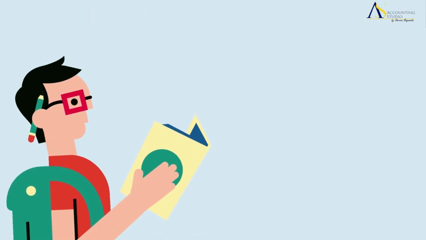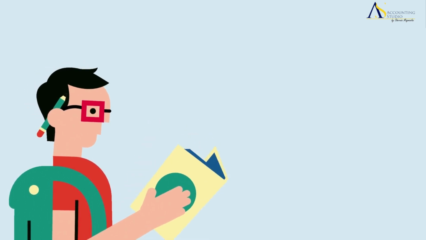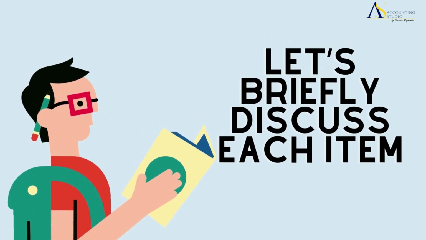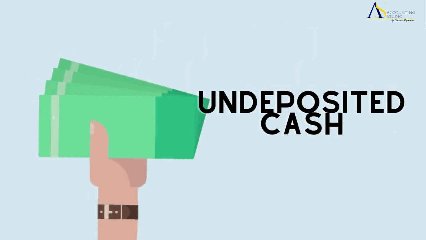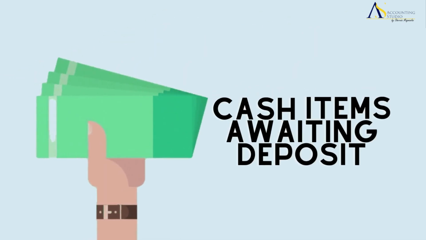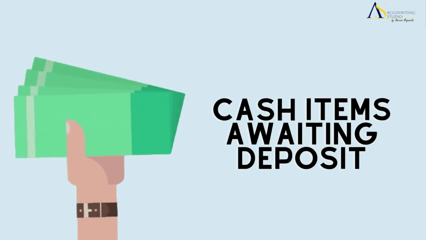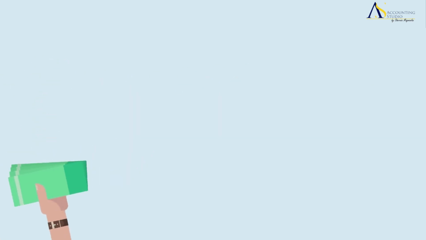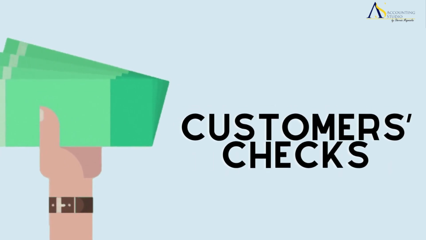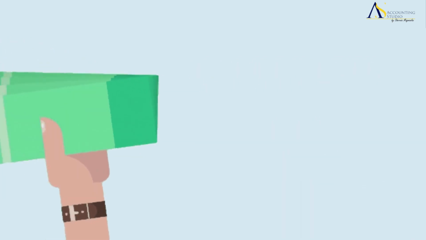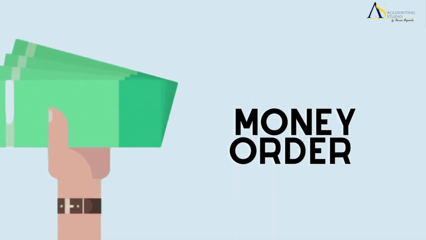For further clarification as to what they mean, let's briefly discuss each item. First is cash on hand. Cash on hand includes undeposited cash collections and cash items awaiting deposit. Some common examples of cash on hand are currencies and coins, customers' checks, cashiers' or managers' checks, travelers' checks, bank drafts, and money orders.